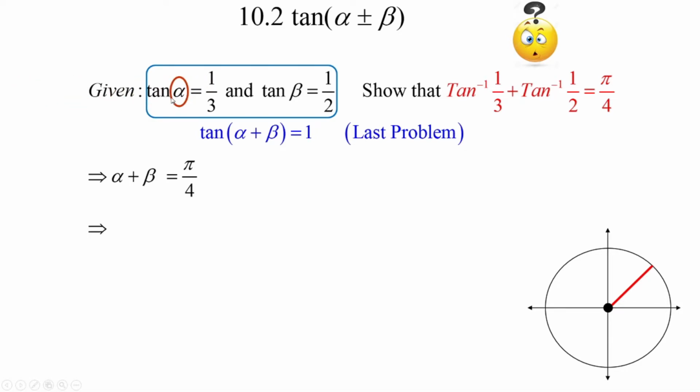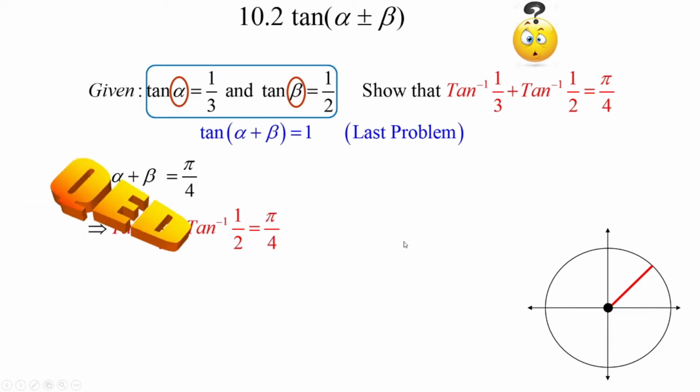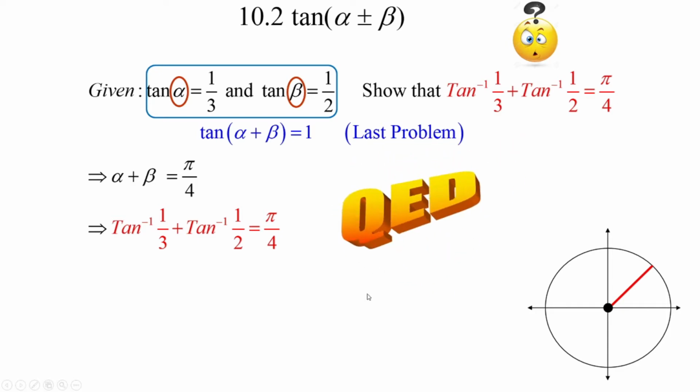Well, let's inverse tangent both sides to get alpha would have to equal inverse tangent of 1/3, plus the beta right there would have to be inverse tangent of 1/2. And what does alpha plus beta have to equal? Pi over 4. And that is what we were trying to show. Quod erat demonstrandum right there. Very cool.